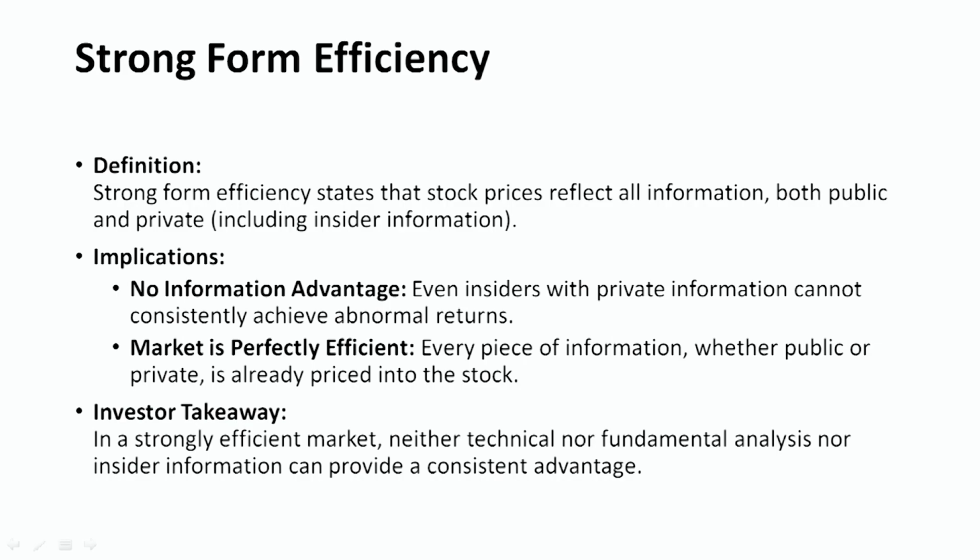The next is the strong form of efficiency, which is the third category of the efficient market hypothesis. In this, you have all public information, plus information which you can collect from individuals inside the organization. This is also reflected in the price of stocks.